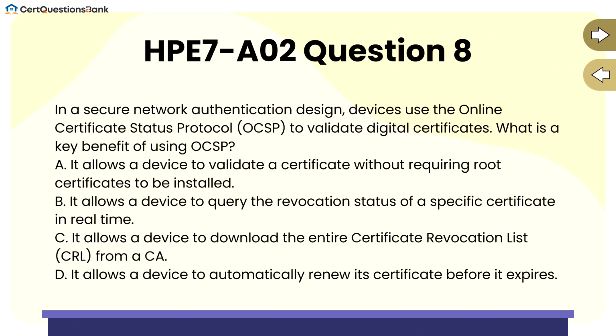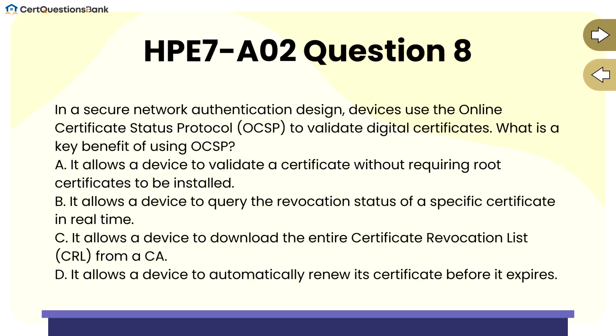In a secure network authentication design, devices use the Online Certificate Status Protocol, OCSP, to validate digital certificates. What is a key benefit of using OCSP? A. It allows a device to validate a certificate without requiring root certificates to be installed.